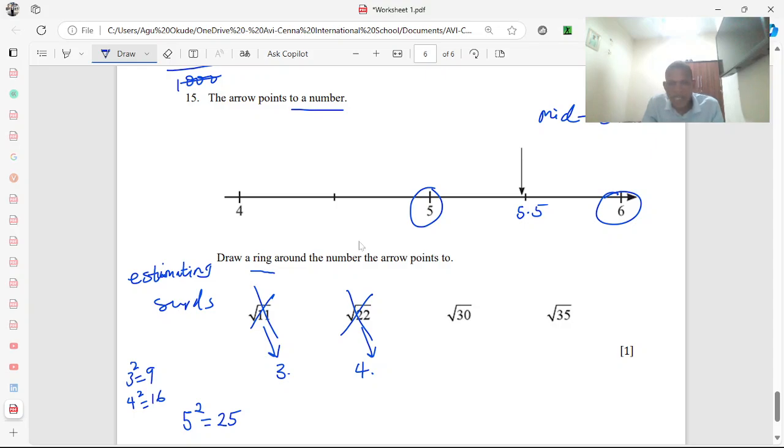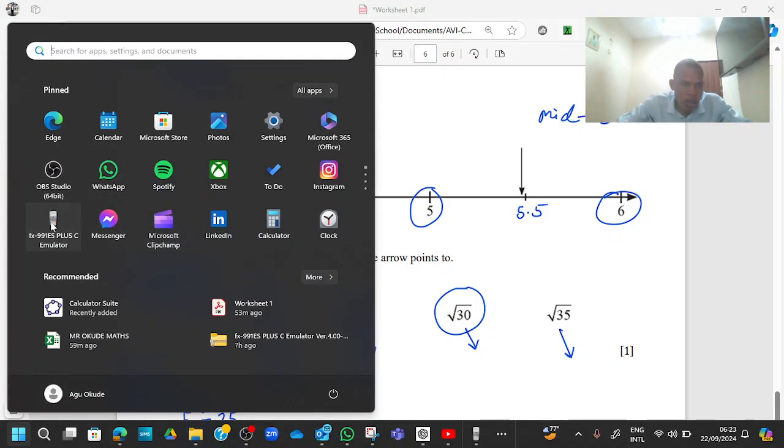So if I take the square root of 30 and the square root of 35, okay, which one is closer to 5 than 6? So the answer should be square root of 30, yes. Okay, so we can just do a quick check on that.